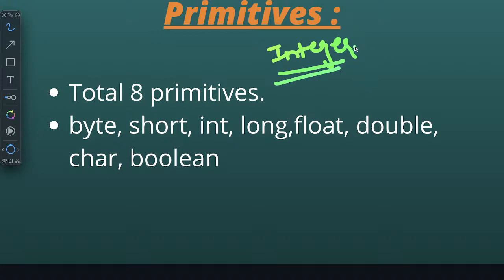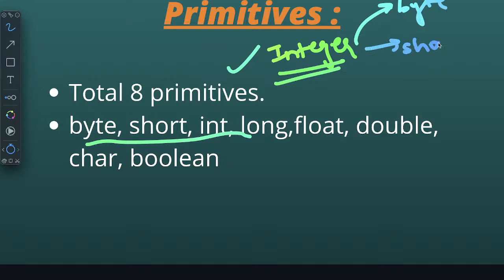It is just made to make the topic easy to understand. I'll put the first 4 data types, byte, short, int and long, into the integer kind. These are the 4 data types that I have put into the integer kind.